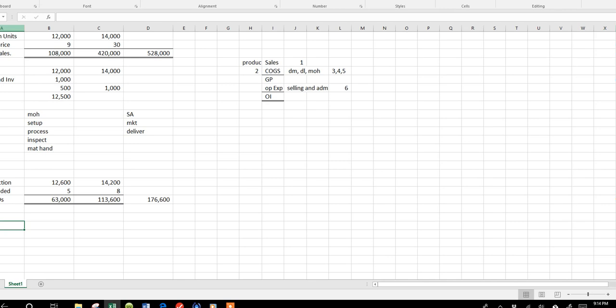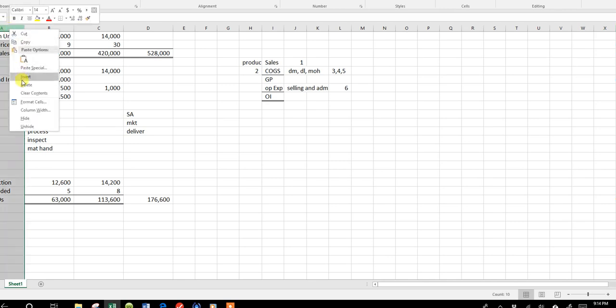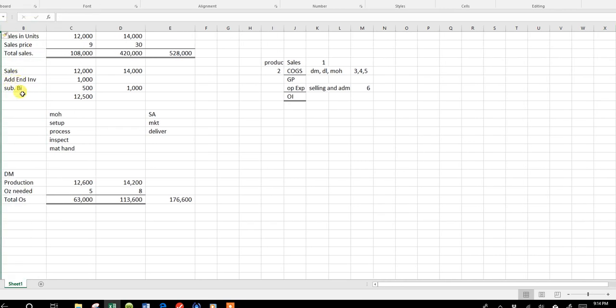We added ending inventory and subtracted beginning inventory, so we needed to make what we sold. We needed some extra left over, but if it was already there, we didn't need to make it. So we're basically going to do the same thing with our direct materials purchases budget. Notice this is production, 12,600. I need ounces, 5 ounces each one.